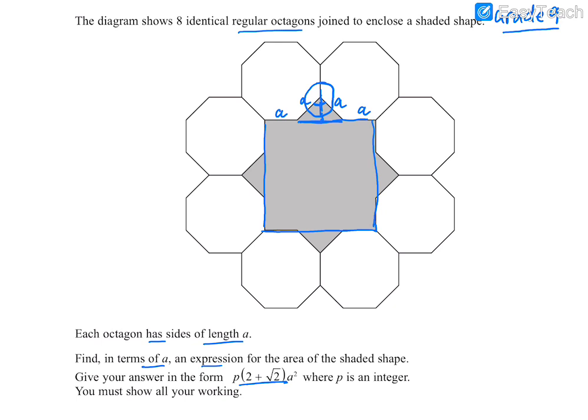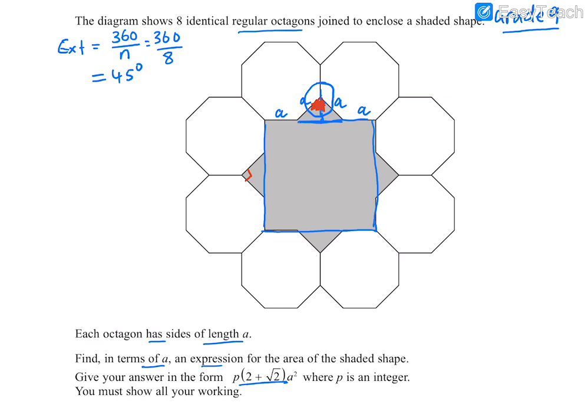To find the exterior angle of the octagon, we simply do 360 divided by the number of sides. That's a rule that you need to know, and 360 divided by 8 is 45 degrees. Since we have 2 of these angles over here and over there, that makes a 90-degree angle at the top.